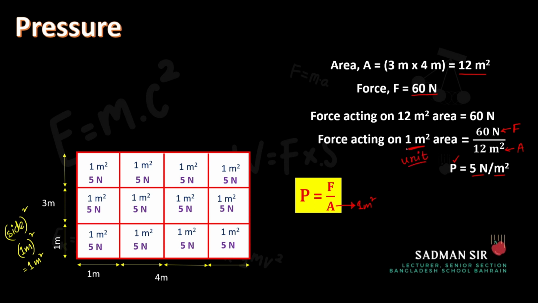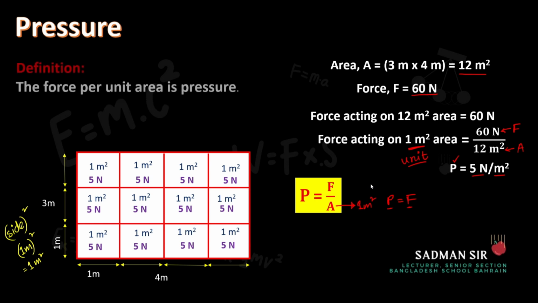Unit means 1. So when A is equal to 1, P is equal to F, because F divided by 1 is F. So pressure is nothing but force on 1 meter square area. This is the definition of pressure.